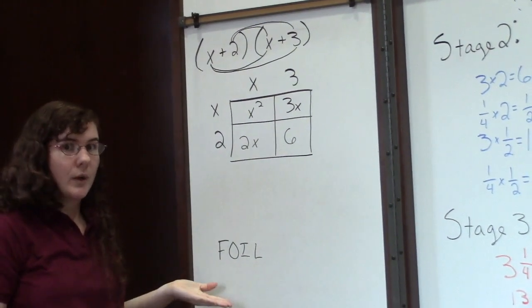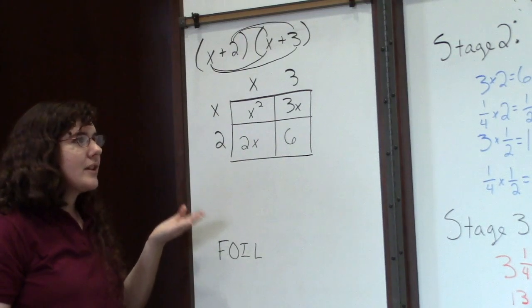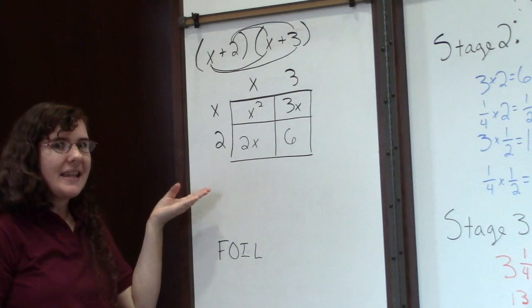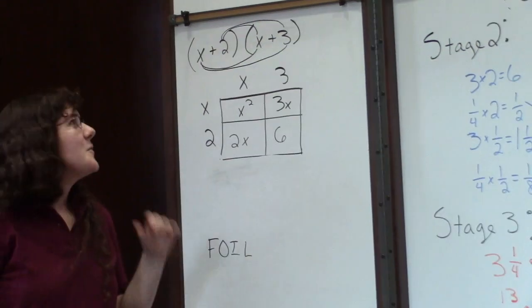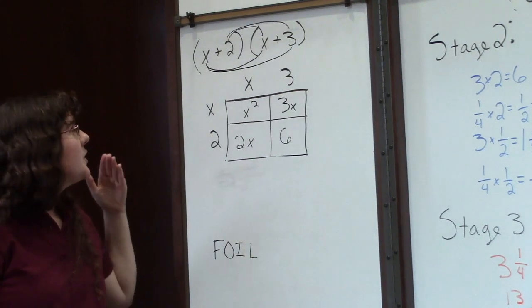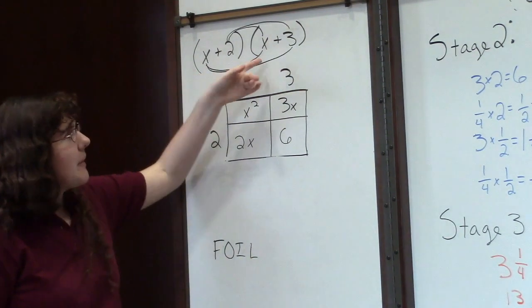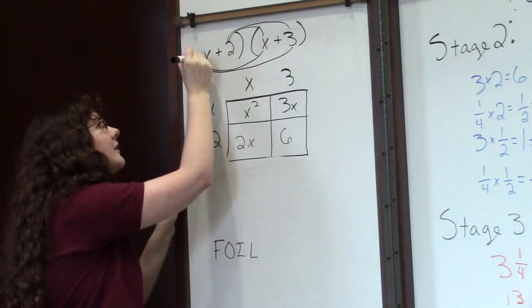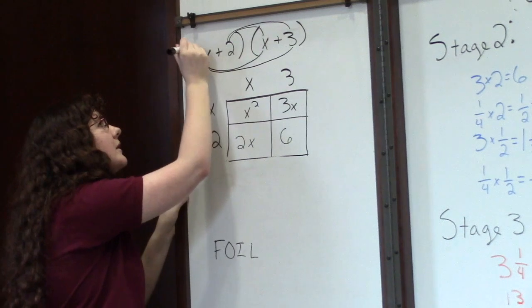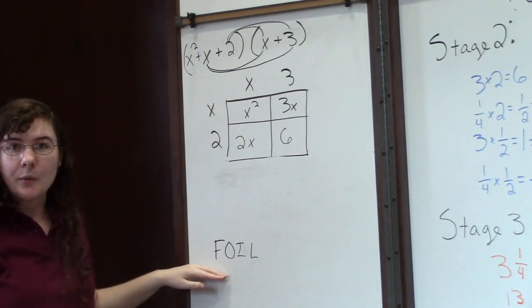And yes, this does work, but it's not as conceptual of an approach, which makes it tough for them to apply it to other situations. For example, if you tried to multiply something with 3 terms, suddenly FOIL doesn't work.